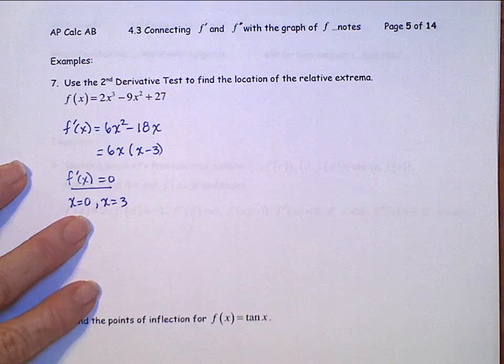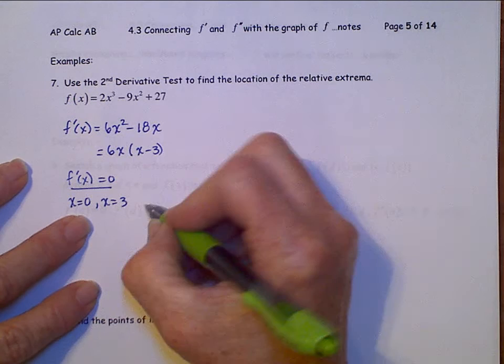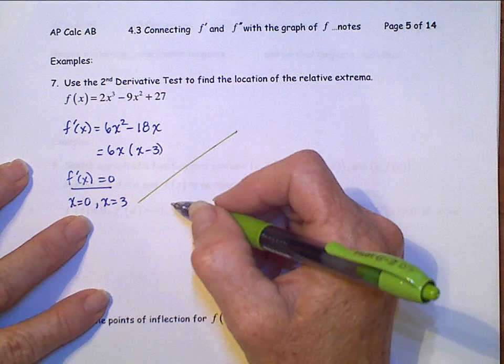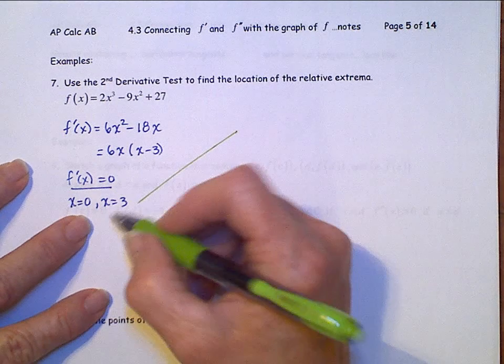Once you have those numbers, then you're going to evaluate f double prime at these points.